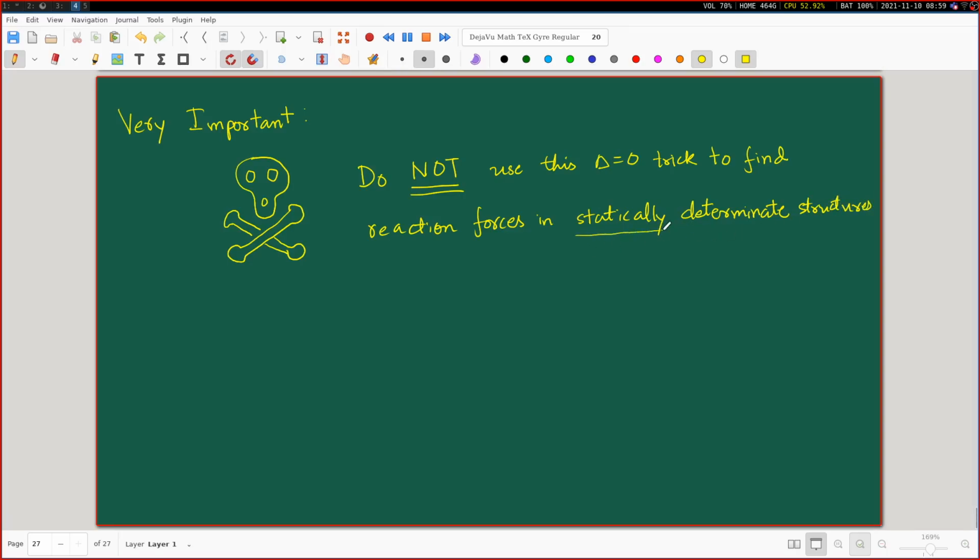If your structure is statically determinate, do not ever use this delta equal to 0 trick.